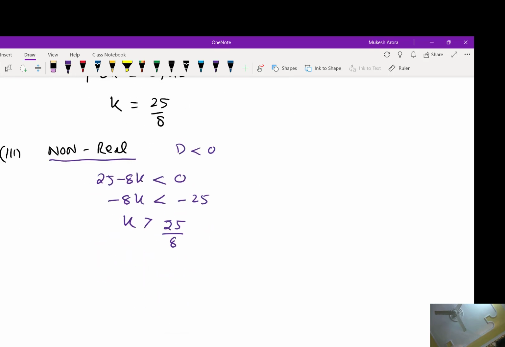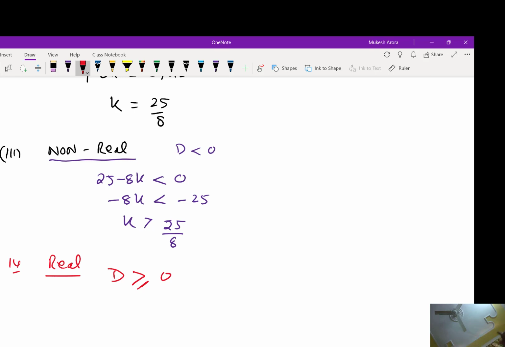And the last and the important is real. When we have real roots, we have real roots when d is greater than 0, as well as when d is equal to 0, because he has not specified real or equal, real or unequal, only real.